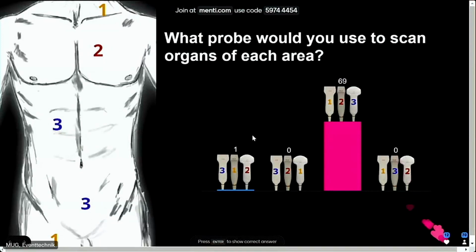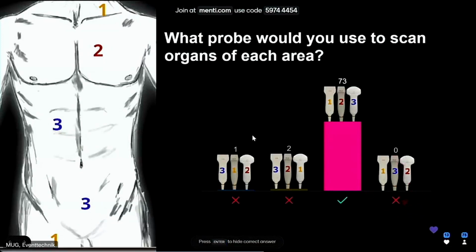Well, the linear probe you will use for superficial structures like vessels in the neck. Our phased array we will use for scanning the heart, because we have to look through a small intercostal space, but still we want to see a big picture of the heart. And last but not least, our curved array we can use for big organs like in the abdomen.